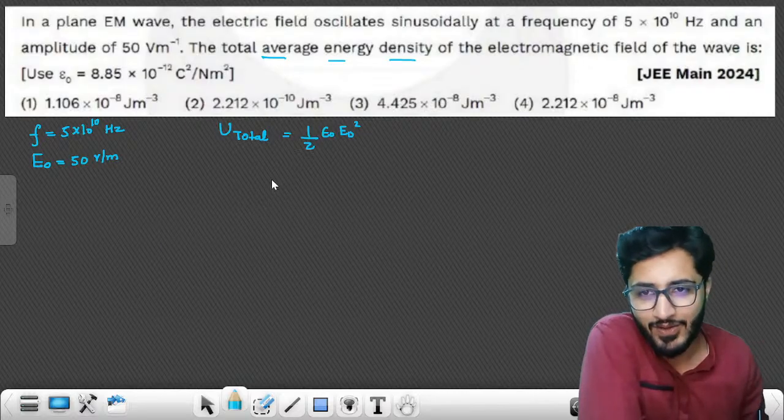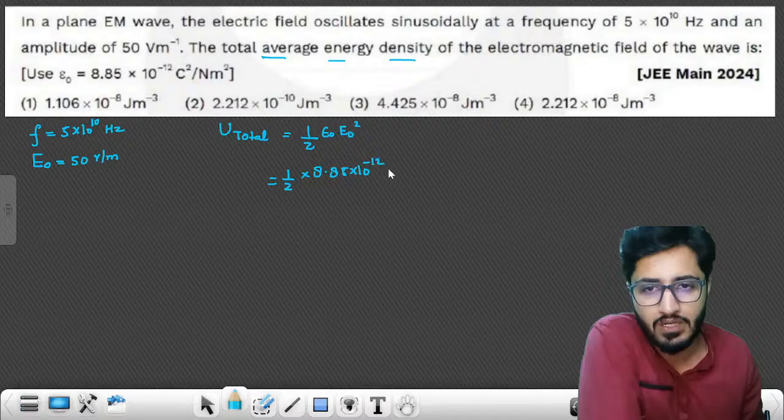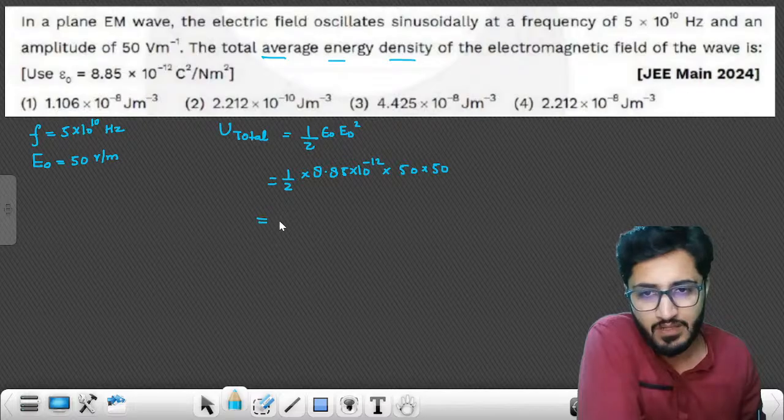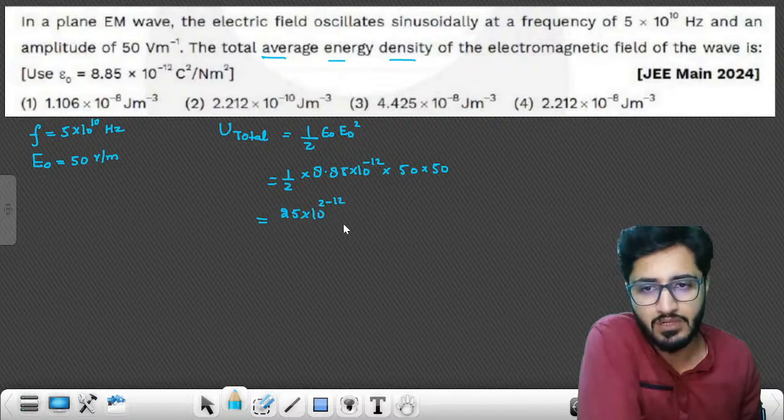Epsilon naught here is 8.85 times 10 to power minus 12, and E naught is 50, so I can write 50 multiplied by 50, which is 2500. I can write 2500 times 10 to power minus 12 multiplied by 8.85 divided by 2. So it will be 25 multiplied by 4.4 times 10 to power minus 10.